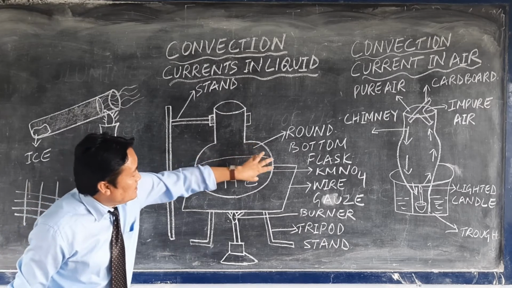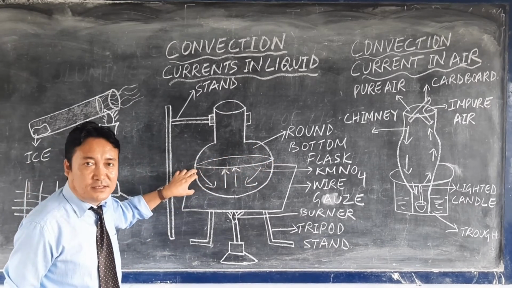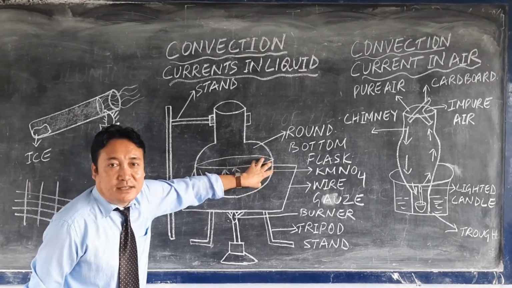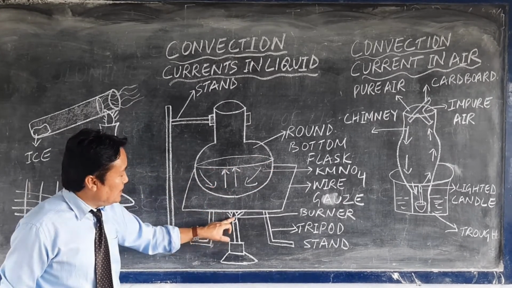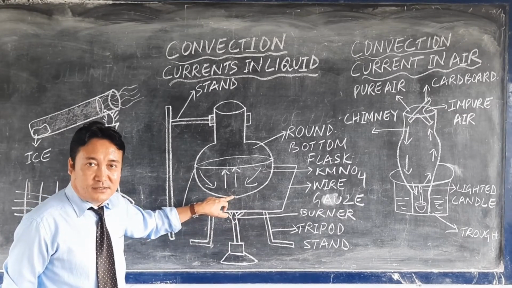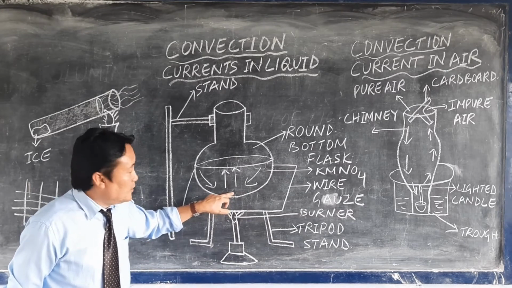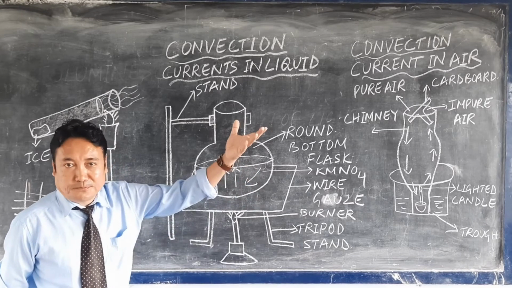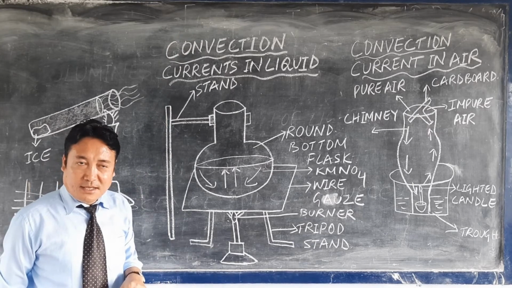But at the lateral surface, the side of the flask, the water is not as heated as it is at the center, because you are supplying the heat at the center, that is at the bottom of the flask, not at the sides. So this part of the flask was heated, and the water receives the heat, becomes warm, and when it becomes warm, it rises up.